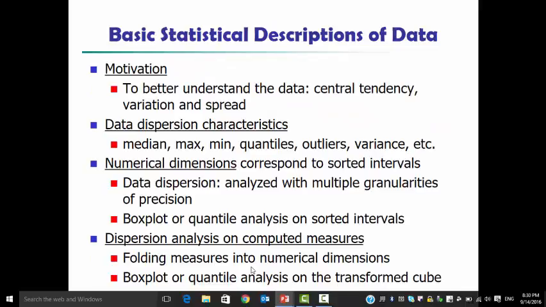Okay, basic statistical description of data. Why do we need it? We need to understand the data better, right? And therefore, when we look at data, we can see the dispersion, how the data is spread out. So for data dispersion, we can find the median, maximum, minimum, quantiles, outliers, variance.